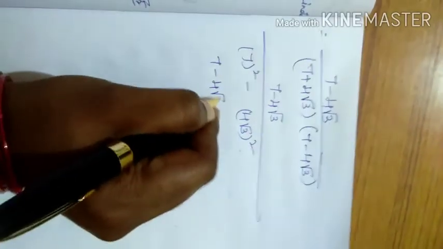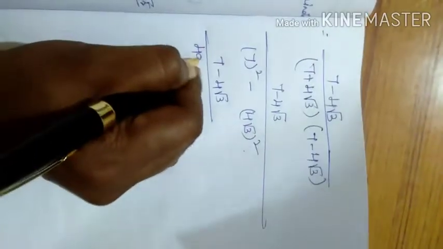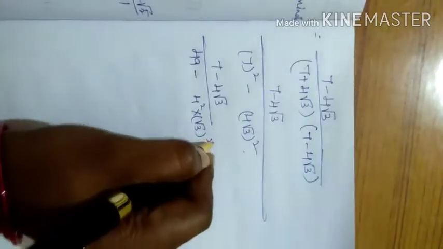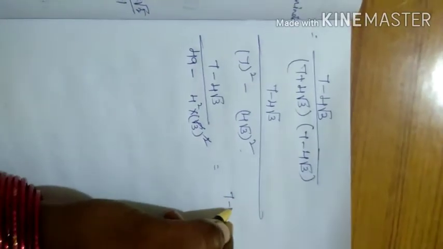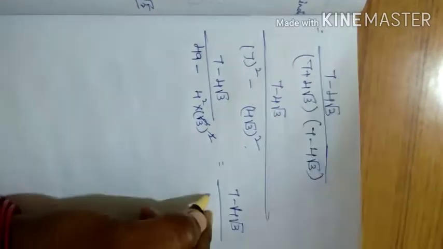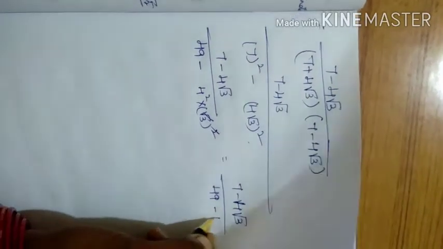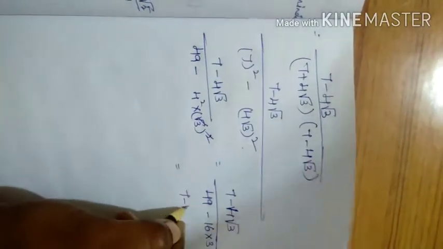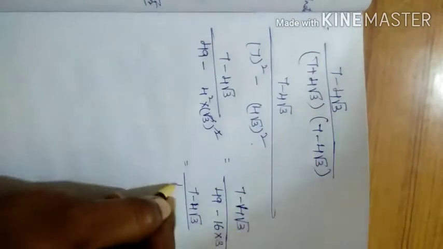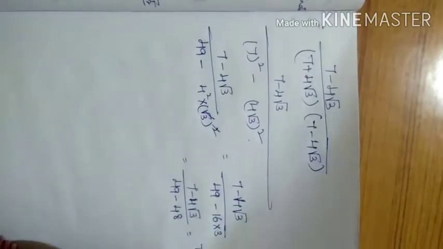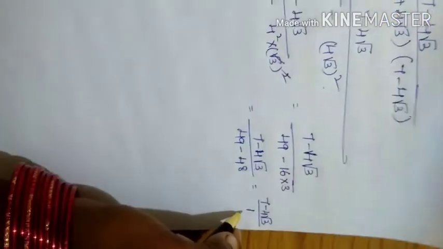That is 7 minus 4 root 3 divided by 7 7s are 49 minus 4 square into root 3 whole square. Now the square root will be cancelled, and finally the numerator is 7 minus 4 root 3 and the denominator is 49 minus 4 4s are 16 into 3. 16 3s are 48. So the denominator is 49 minus 48, which is 1.